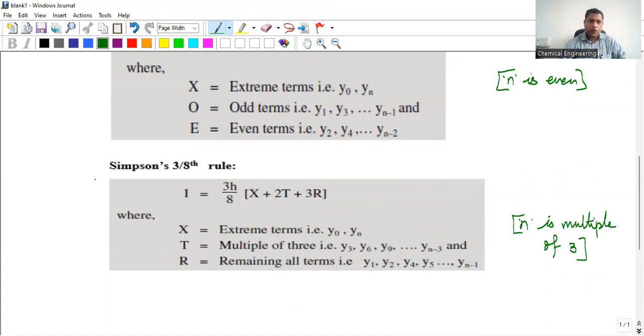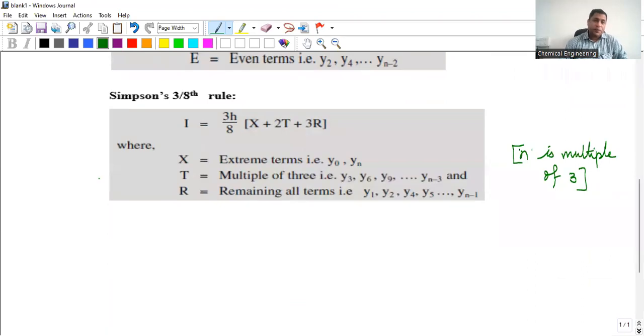Now we have also seen the base choice. What do we know about the base choice? The base choice is n equal to 6. Why n equal to 6? Because it is a multiple of 3 and it is also an even number.